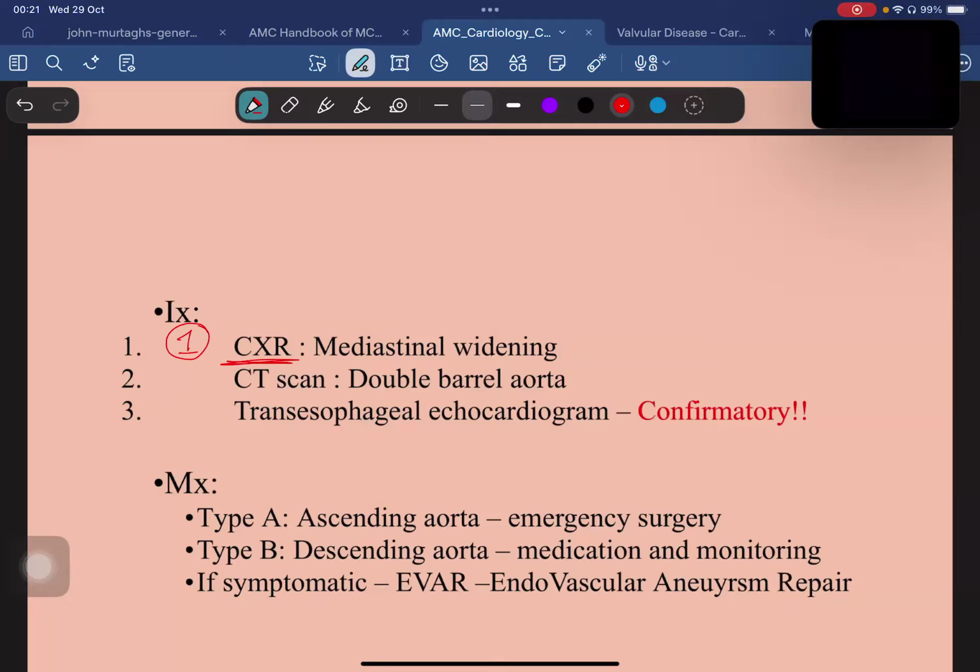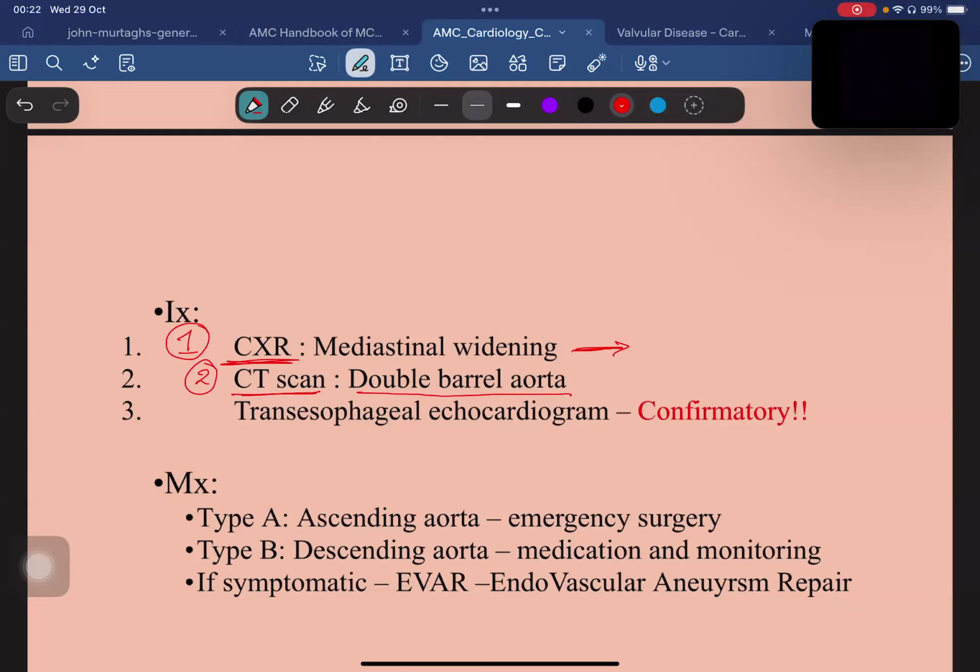And then there's CT scan. After you see a mediastinal widening, you would then go to CT scan, and in that CT scan, you would see a double parallel aorta. This is the flow chart.